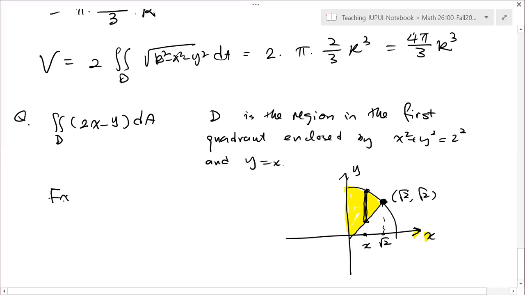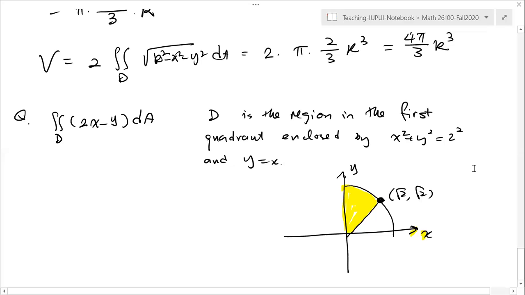Fix the x, between 0 and square root 2. Then let's determine the y value.